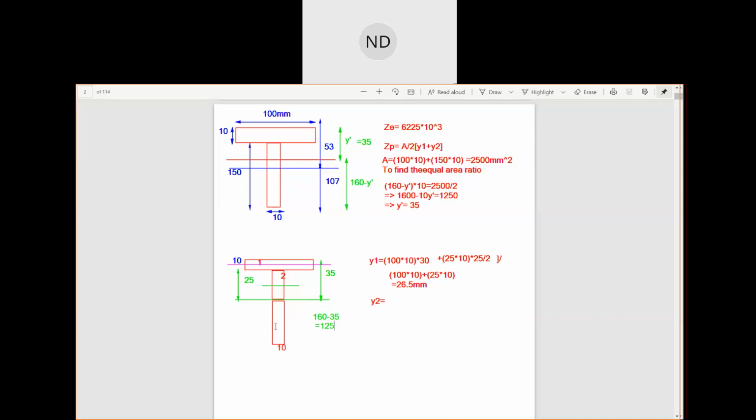And half of this, where is its CG? Somewhere here.